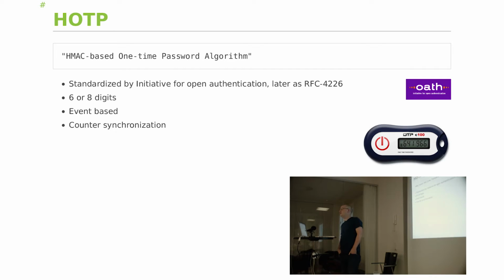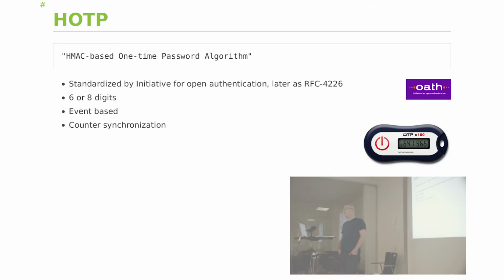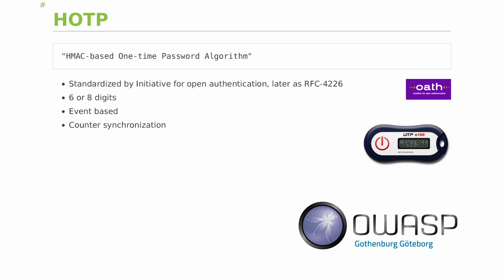It's event-based, so every time you press the button, the code will change. It requires counter synchronization. The server and the token have to have the same counter. The good thing about it is that it's standardized. It's an RFC, standardized by the Initiative for Open Authentication.